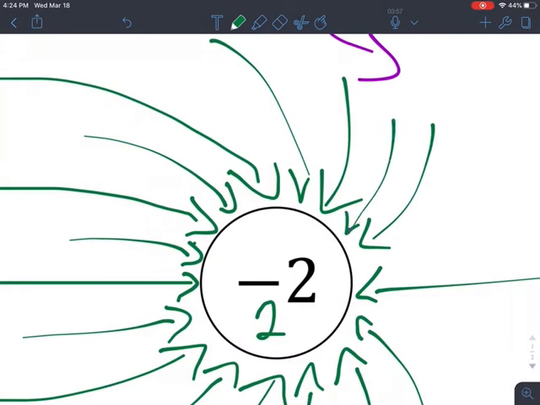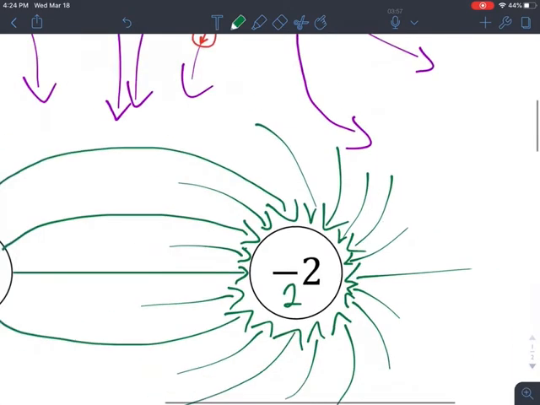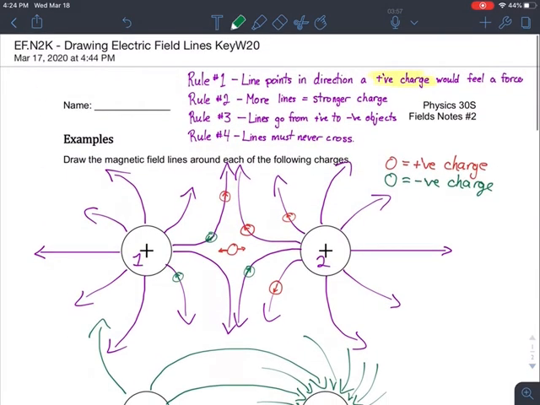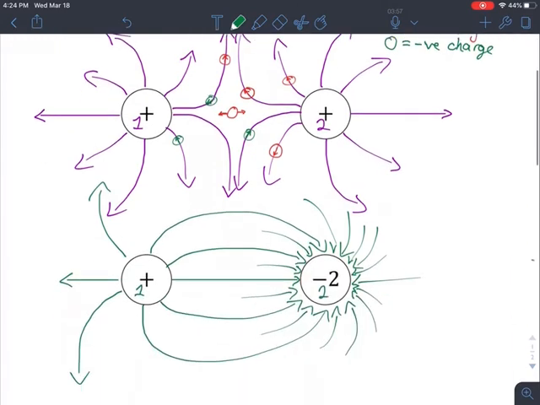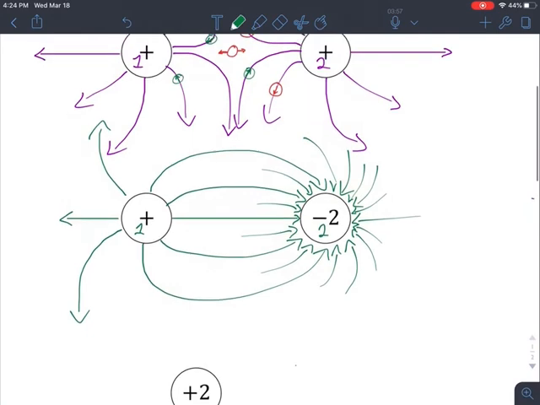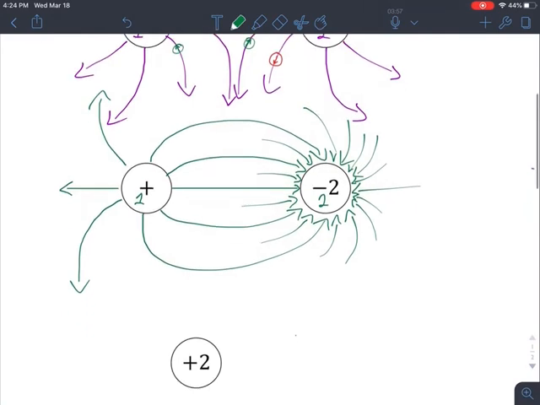I want it to mostly just look like it's double. That's very clearly twice as strong as number 1. So that's just how you make it appear, and follow rule number 2, make them twice as strong. So that's it for number 2.